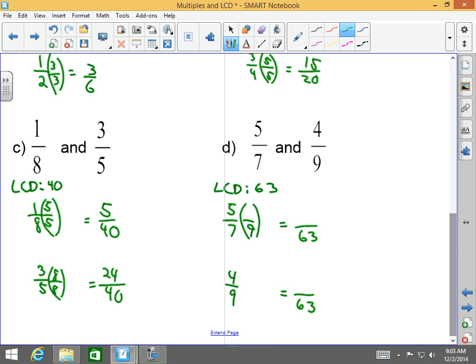So what must I multiply to the numerator? So my new fraction will be 45/63. Excellent. What did I multiply to the 9 to get to 63? 7. What do I have to multiply to the numerator then? So what will my new fraction be? 28/63.